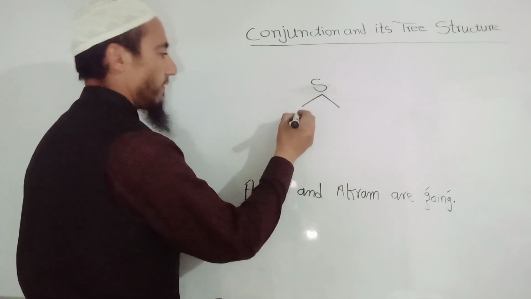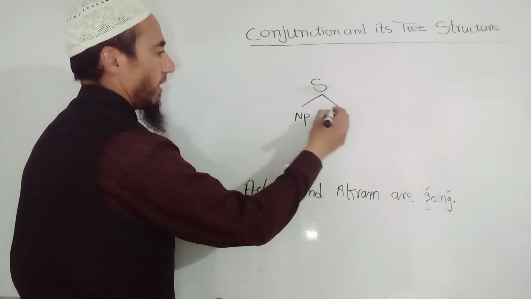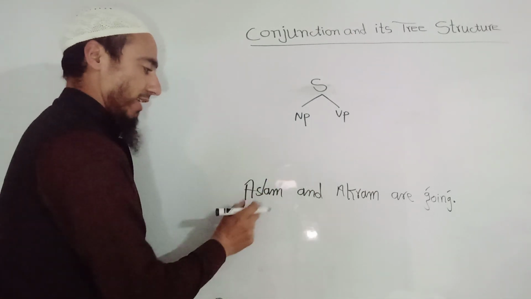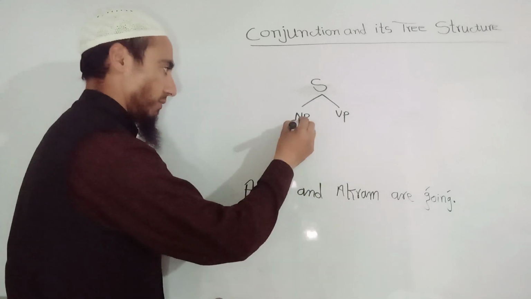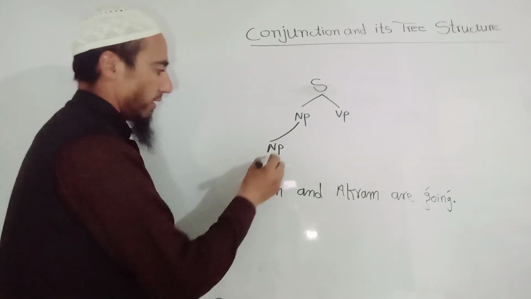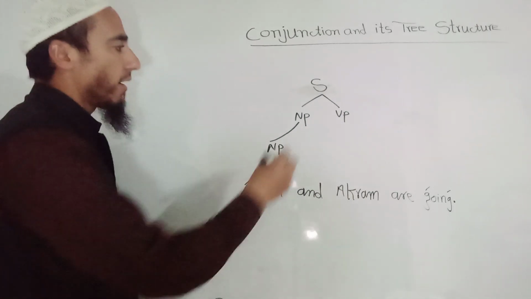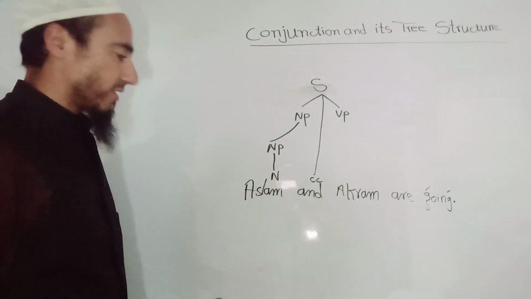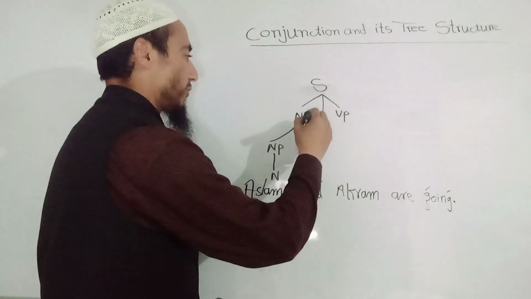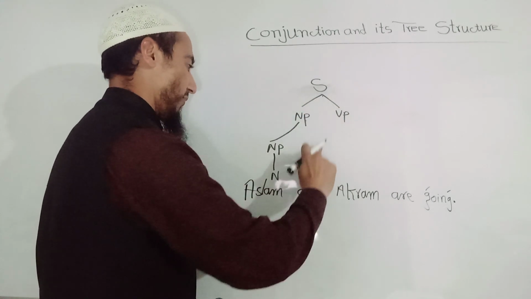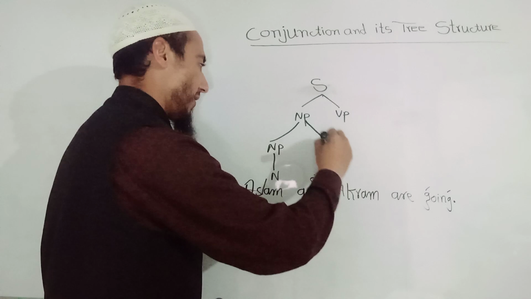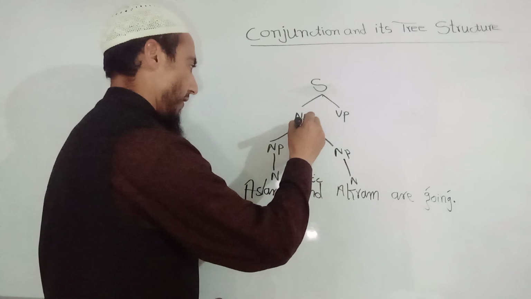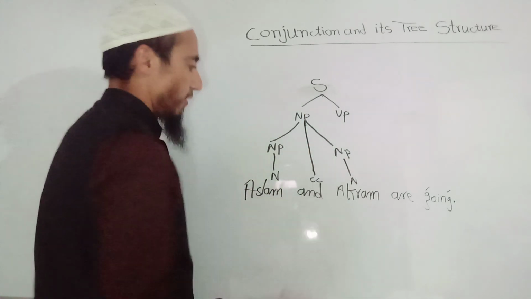And in sentence we have NP and VP. Now we are taking two NPs because Aslam is one NP and Akram is another. So here we are taking NP, and that is N, which is Aslam, and we are taking here CC, which is coordinating conjunction. It does not have its own head, and Akram. For Akram we are also taking another NP, and that is N. And here we have CC, which I have written already, coordinating conjunction.